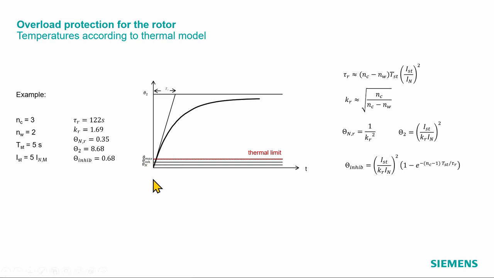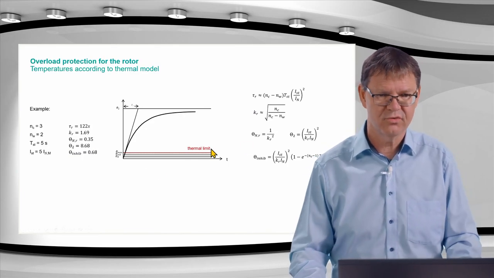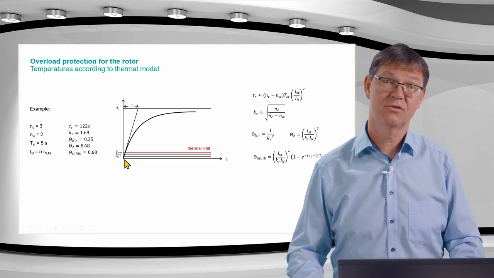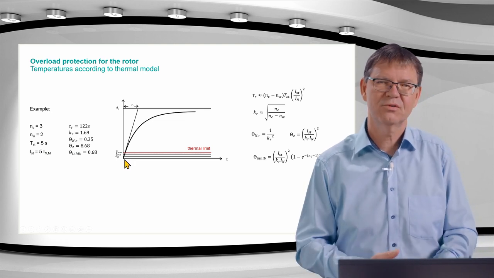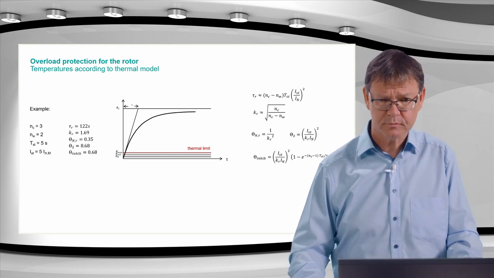And the complete protection is done for this small part here. You see, we overshoot the maximum temperature by a lot at the end. So here you see the end temperature is 8.6 in this example. So this will definitely destroy the rotor if we don't trip, for example, if we have a locked rotor and we don't trip the current after some time here. Good.